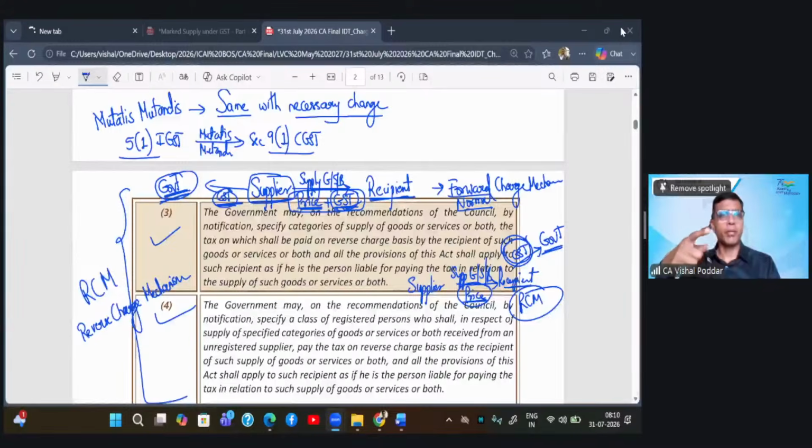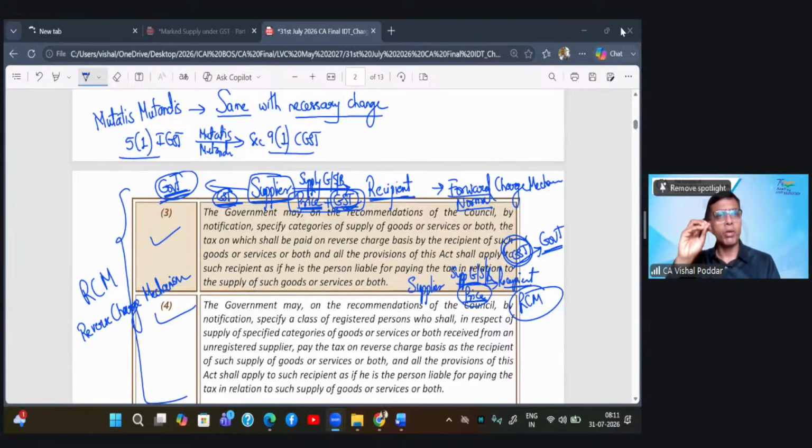So if somebody is evading tax, the government should be able to do the collection conveniently and also take action conveniently on the person who is not paying the tax.